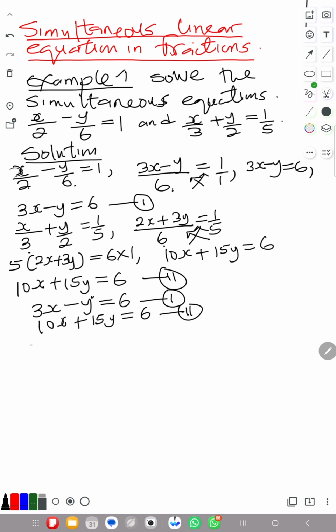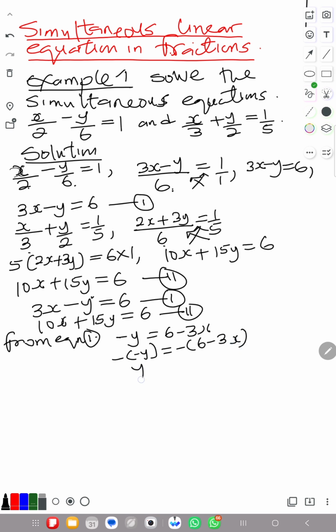From equation 1, I can say minus y will be equal to 6 minus 3x. If you multiply through by minus, minus into minus y is equal to minus into 6 minus 3x. So this gives me y is equal to 6 plus 3x. I can name this one equation 3.